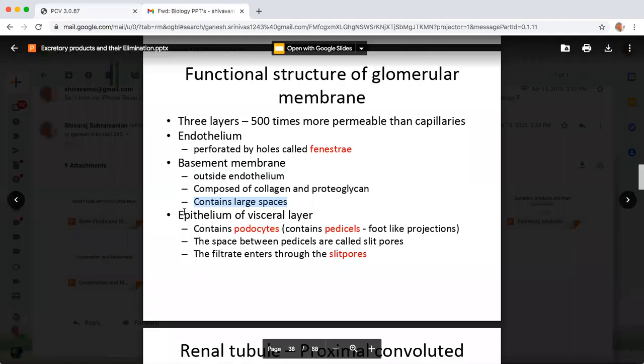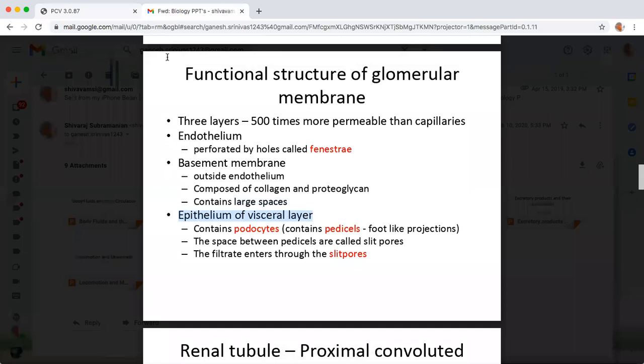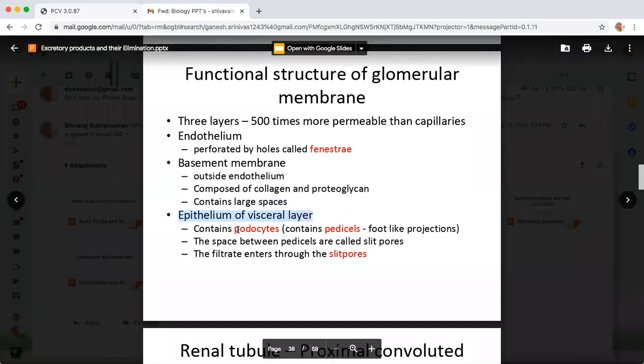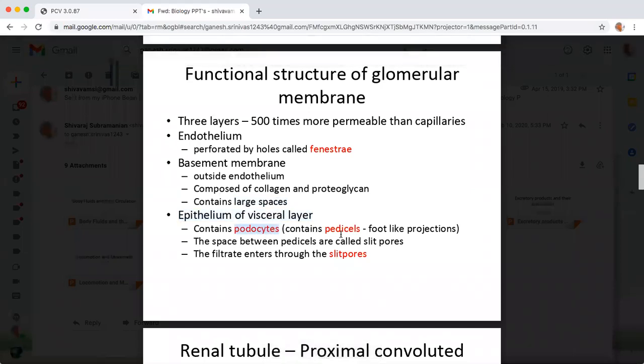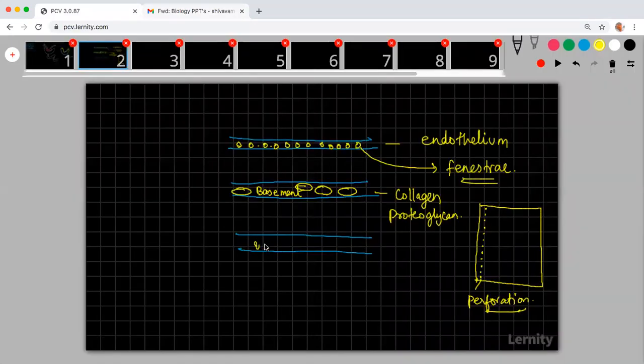The third one is the visceral layer, the epithelium of the visceral layer. It will contain podocytes containing pedicels, which are foot-like projections. Now it looks like a foot. So these cells are called podocytes. Why do we call them podocytes?